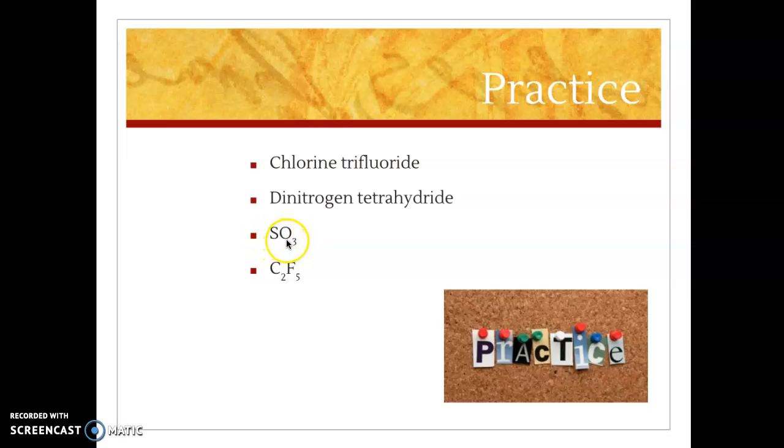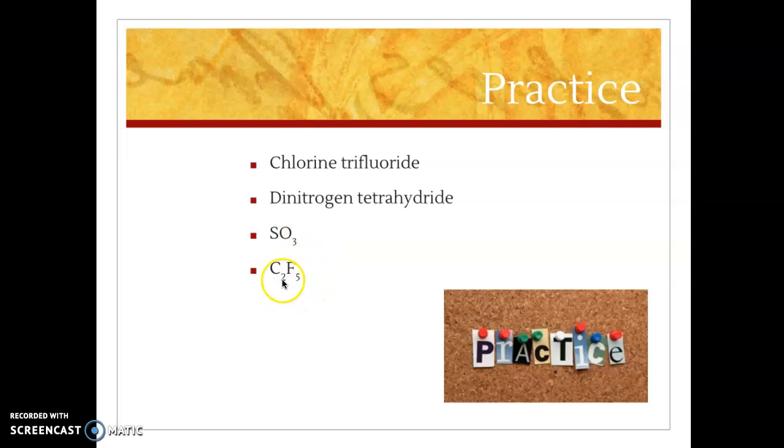Sulfur and oxygen are both nonmetals, so we have to use prefixes in the name. There's only one sulfur, but we drop mono on the first element, so we're just going to leave it as sulfur. Oxygen has 3 oxygens in this molecule. The prefix for 3 is tri, so it's going to be called trioxide. So it'll be called sulfur trioxide.